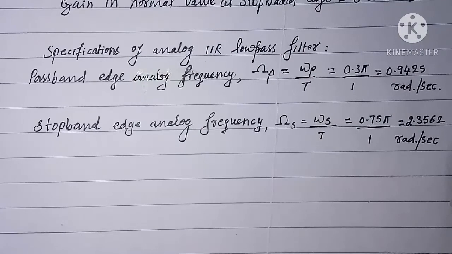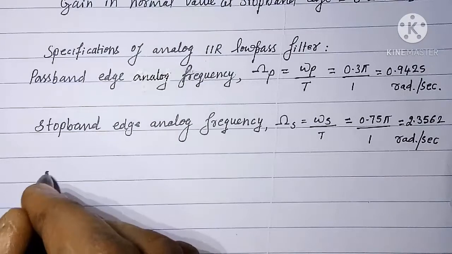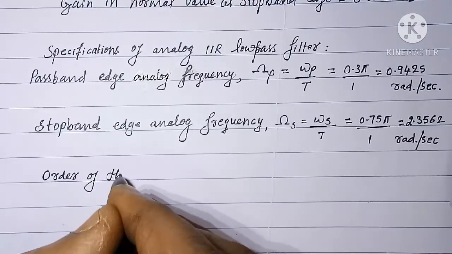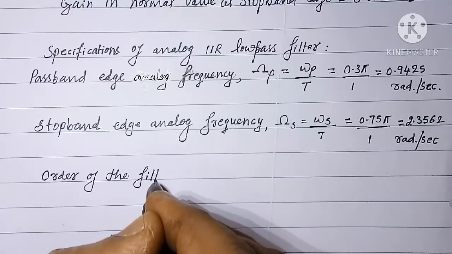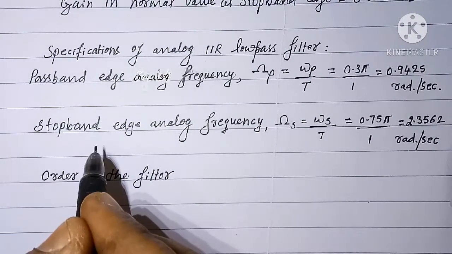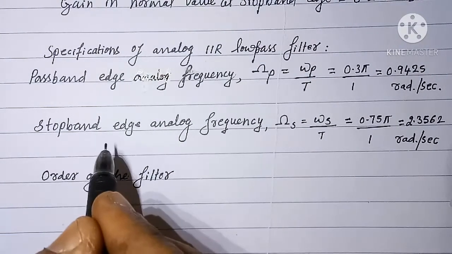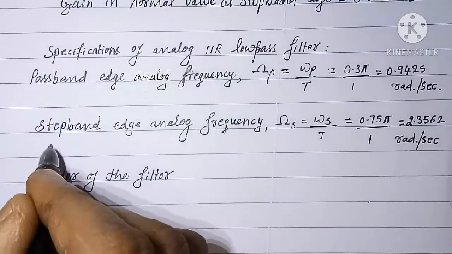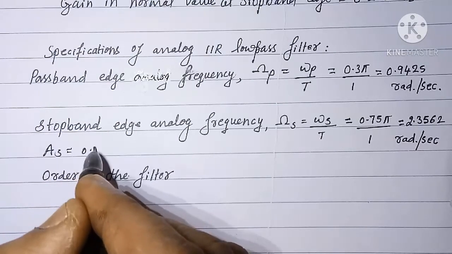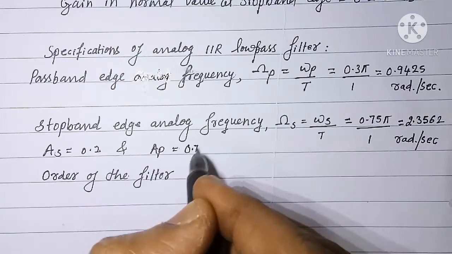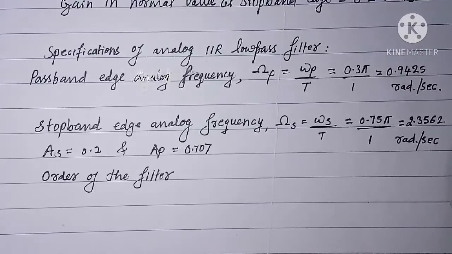Next, we have to calculate order of the filter. Remember here, stopband edge gain and passband edge gain will remain same. That is, AS is equal to 0.2 and AP is equal to 0.707 only. They won't change.